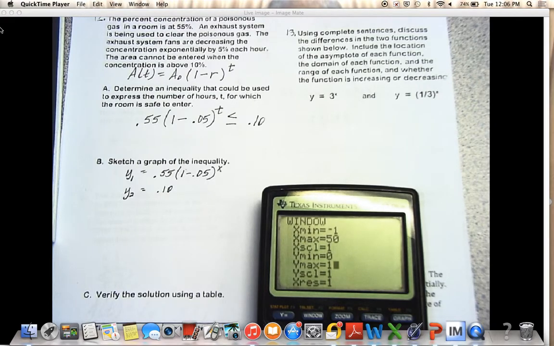And I'm going to have that count by 0.1, so change your y scale to 0.1. Now let's look at this graph. Hopefully it looks a little bit more like an exponential. Can you see how it's a little curved now? You can zoom in there and see the curve a little bit.